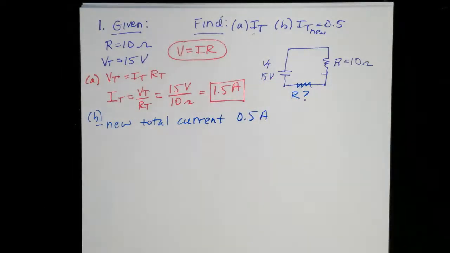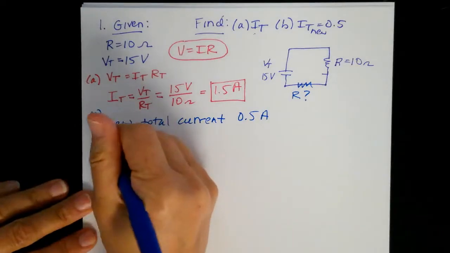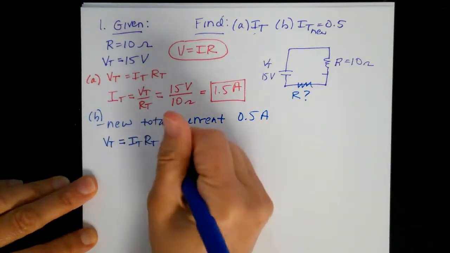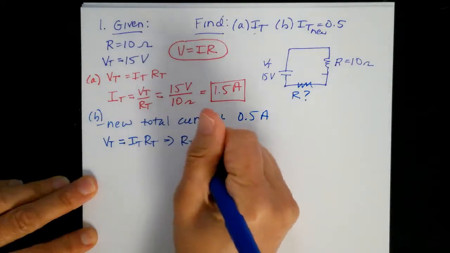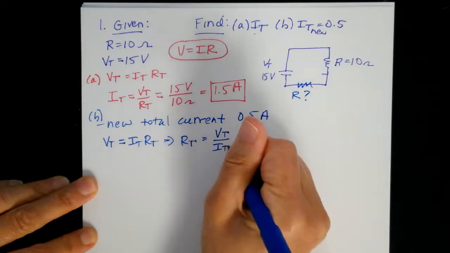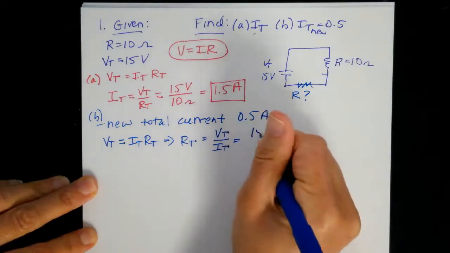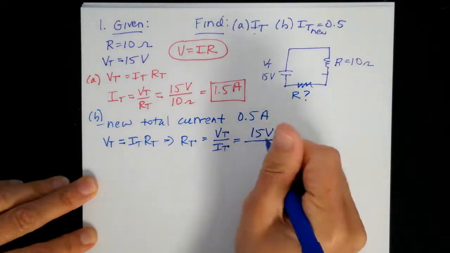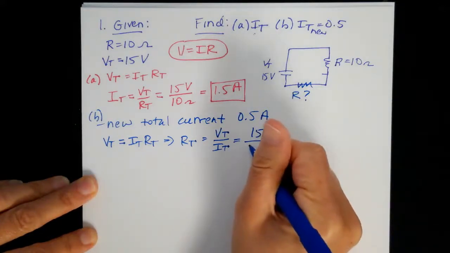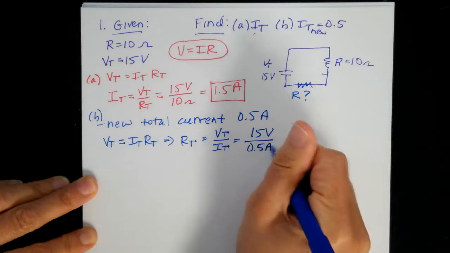Well, I'm going to apply Ohm's law again and say VT is equal to IT times RT. So RT is equal to VT over IT. So the total voltage is 15, and now they want my total current to be 0.5.